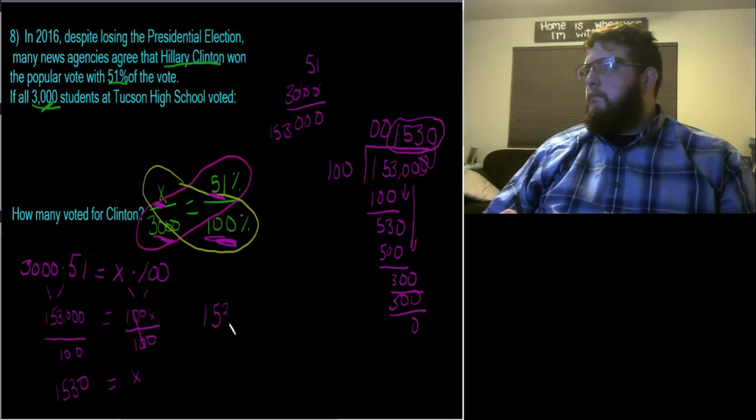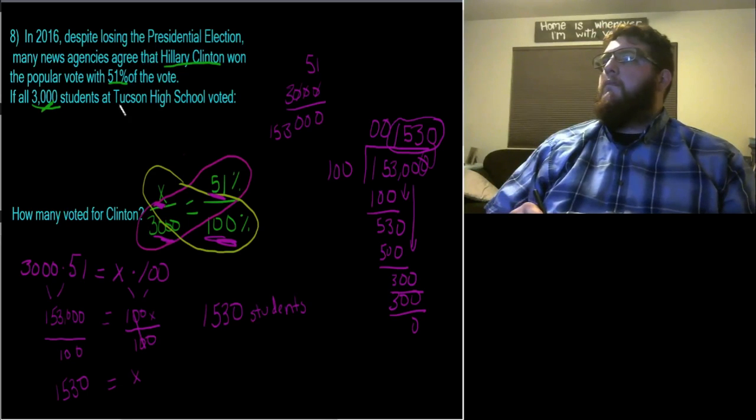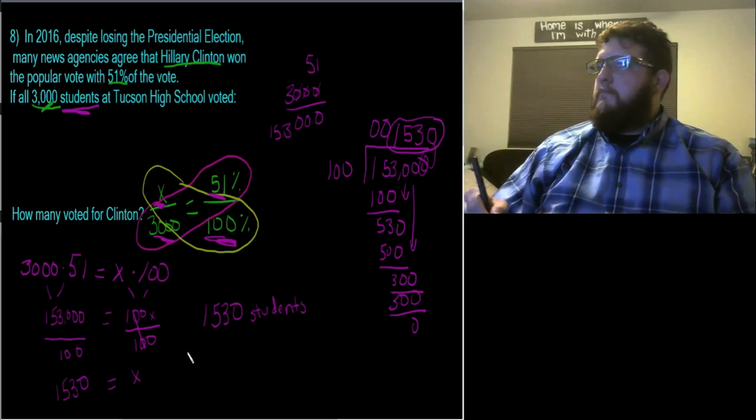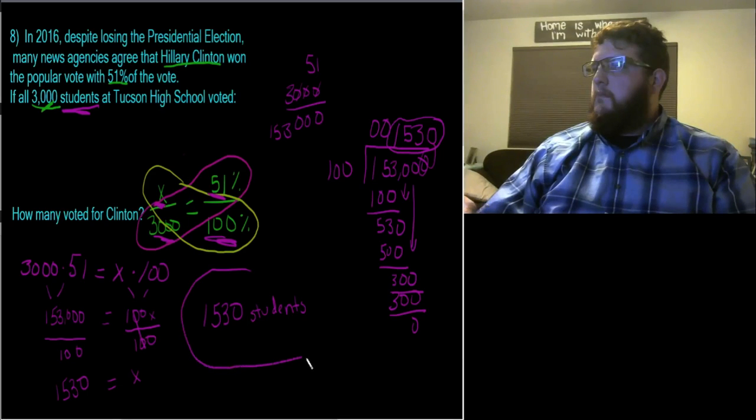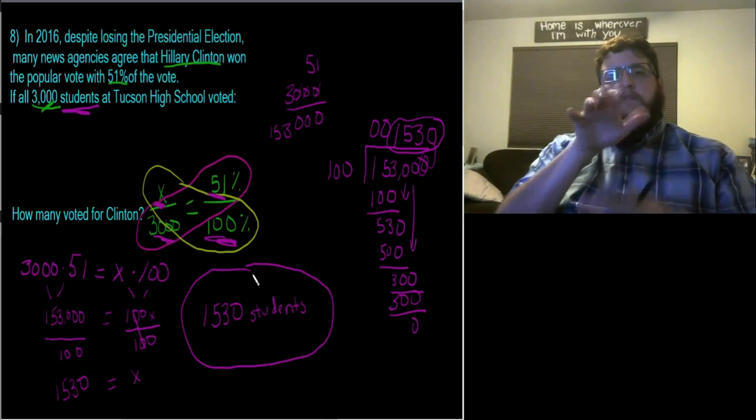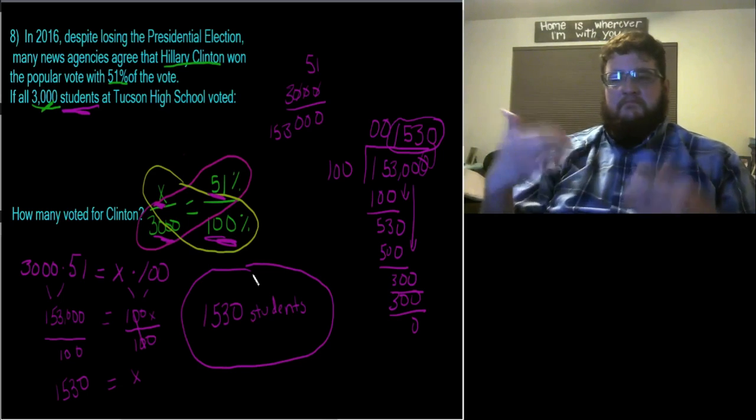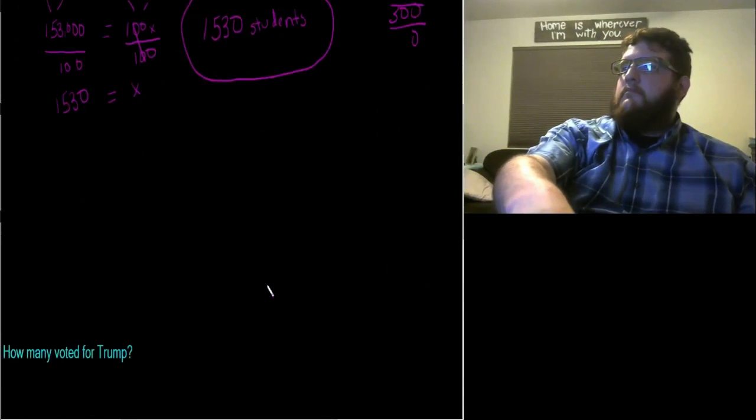Now to bring this back to the question we're talking about, the answer is that 1,530 students would have voted for Hillary Clinton. The reason I wrote students is because that's what it's talking about in the question. So we're not quite done with this one.